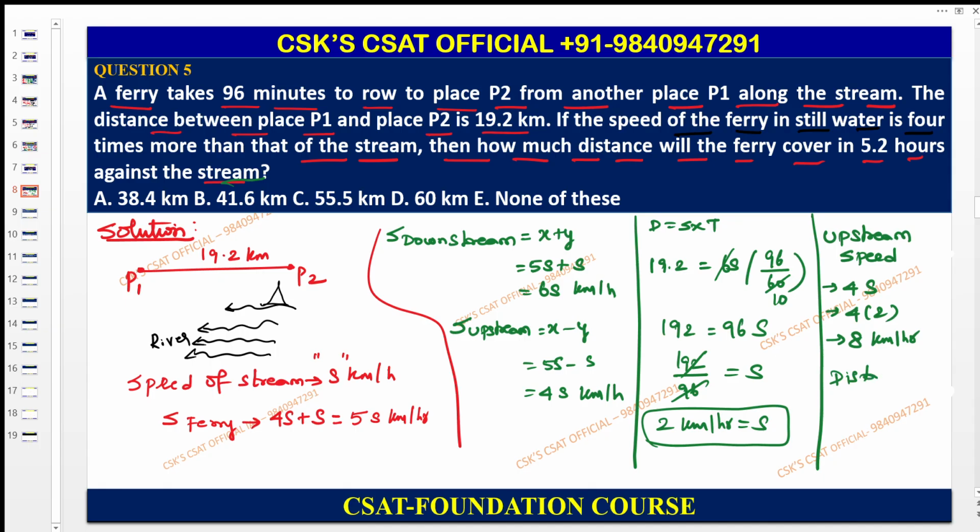With this, we can find the distance covered by the ferry in 5.2 hours against the stream, that is upstream. Distance covered is 5.2 hours into the upstream speed, 8. Multiplying, you get 41.6 kilometer.